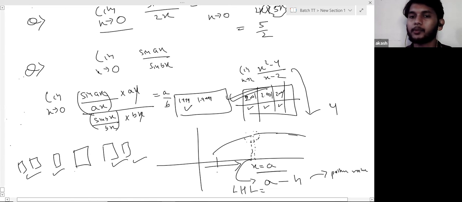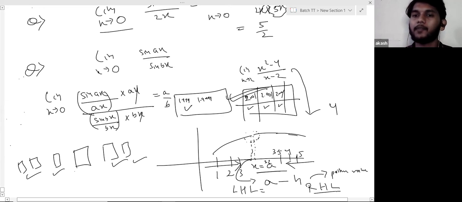First we put x equals to 1, x equals to 2, x equals to 3, then come closer to x equals to a. Same thing we do from this side. We put x equals to 5, x equals to 4, x equals to 3.5. Suppose this is 3.2. We evaluate if LHL and RHL have the same value.